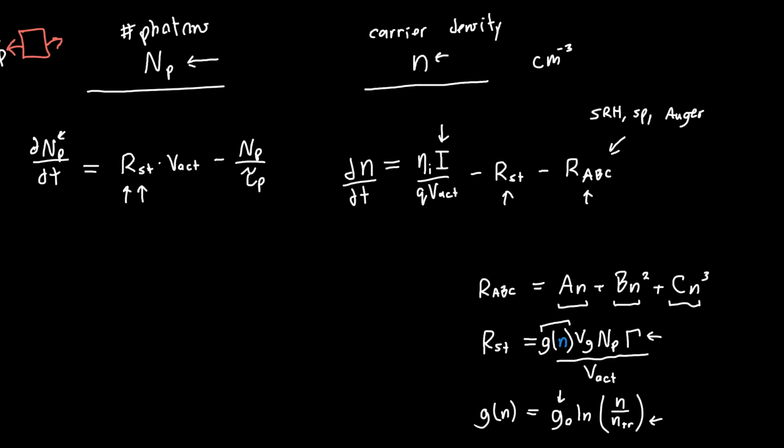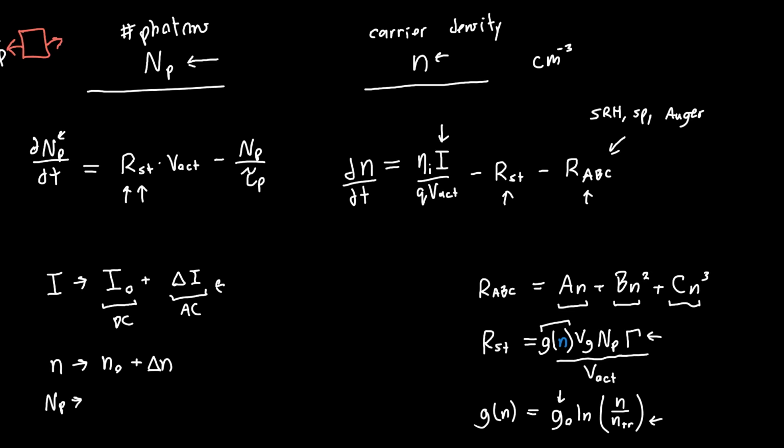Now the last bit is just that we want to know how this system responds to a small signal change. So we're going to have the current be some DC component, I naught, plus some AC component, delta I. And in general, this is going to be of the form e to the j omega t. Now, by adding this AC current, we're going to cause everything to have an AC component. So our carrier density is going to have an AC component.